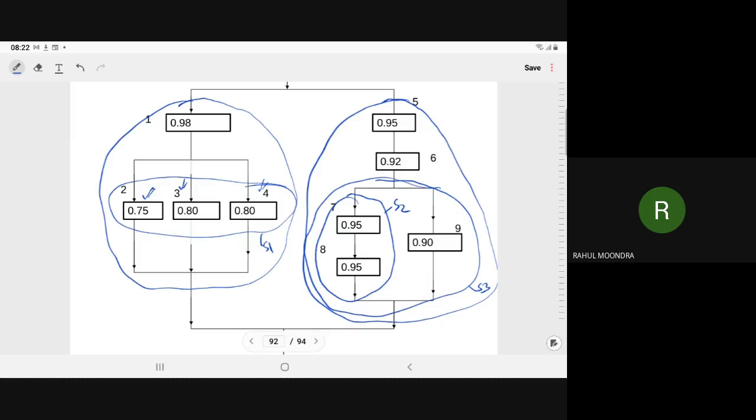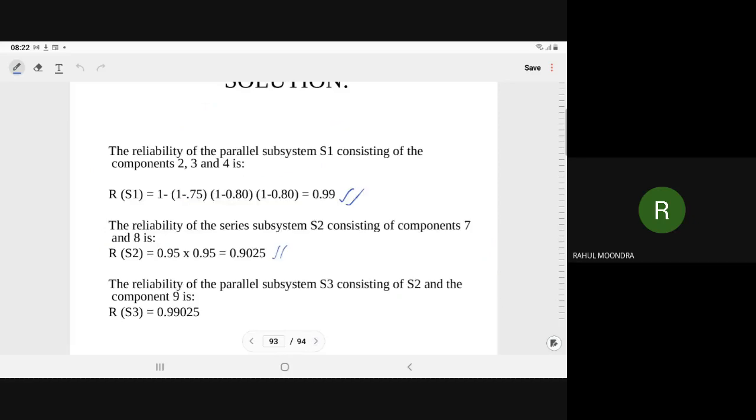So it is 1 minus the reliability of subsystem S2, into 1 minus the reliability of component 9. Means here it is 1 minus 0.9025 into 1 minus 0.9. So this will give you 0.99025.